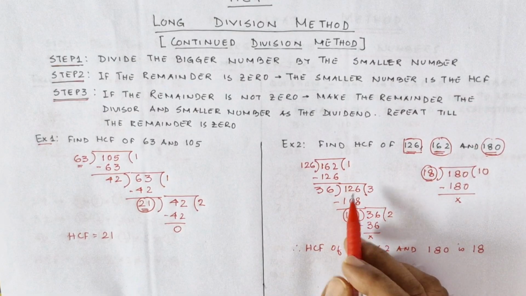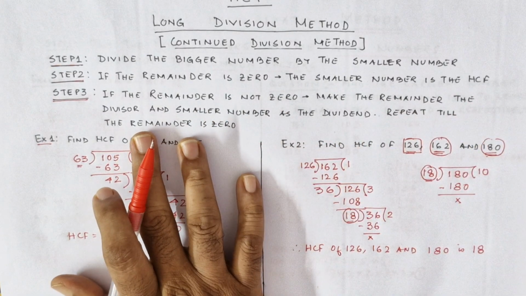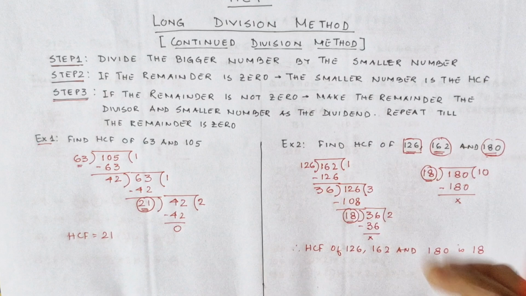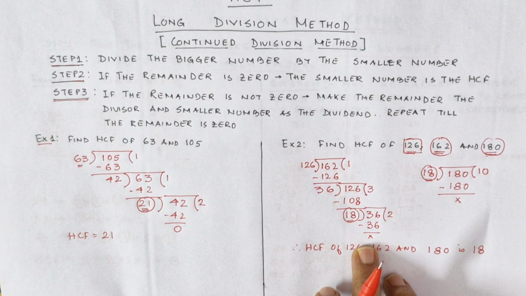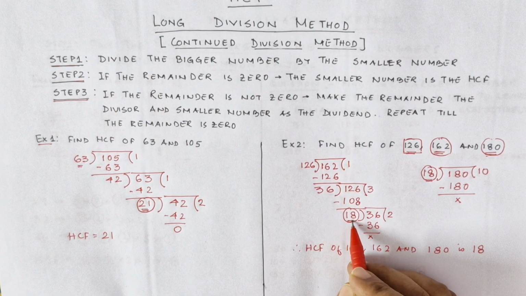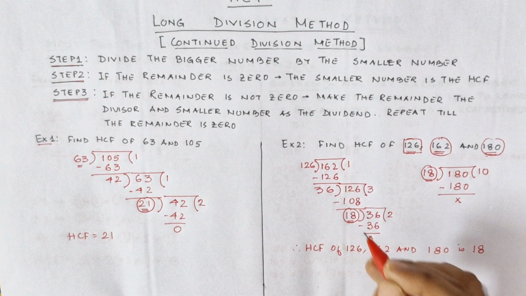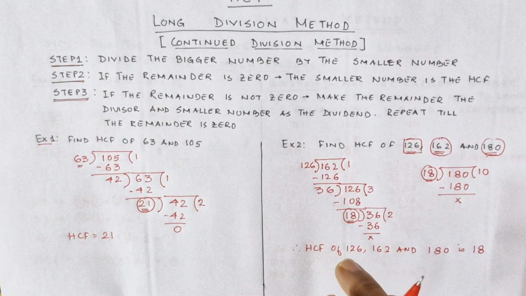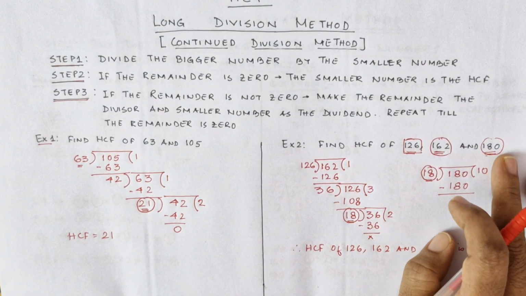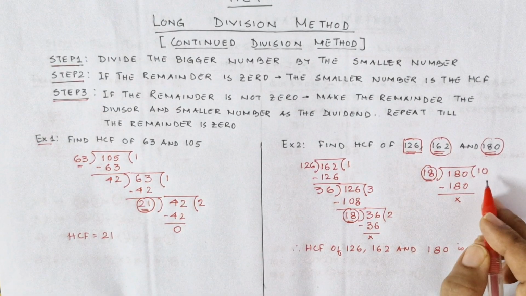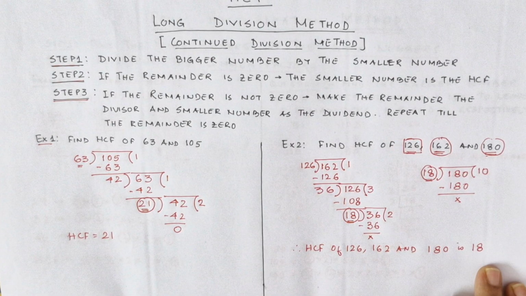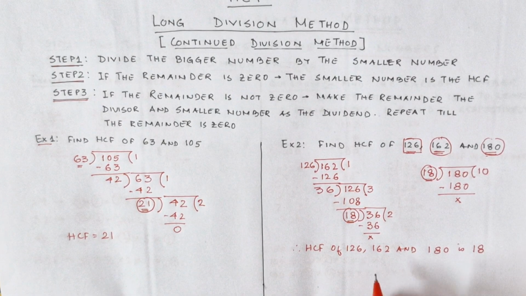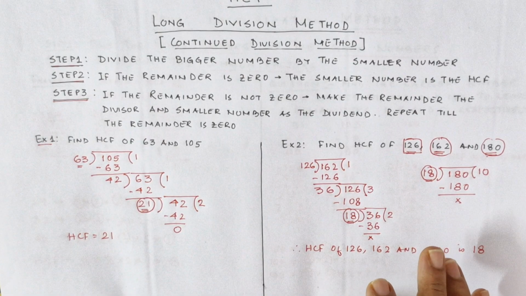If it is not 0, take the remainder as the divisor and the smaller number as the dividend, and repeat till the remainder is 0. Once you have the last divisor, the HCF of those two numbers, take that as the divisor for the largest number. Follow the same steps and you will get the HCF of two, three or four numbers, whatever you have in the question.